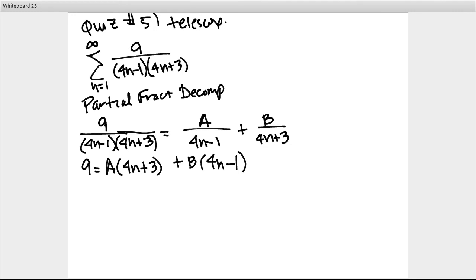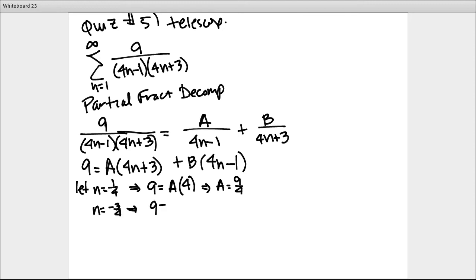Then you let n equal something that will make a term 0. If I let n equal 1/4, then the B will zero out, and you'll be left with 9 equals A times 4, so A is 9 over 4. And if n equals negative 3 over 4, that gets the other term to be 0, so 9 equals B times negative 4, so B is negative 9 over 4.